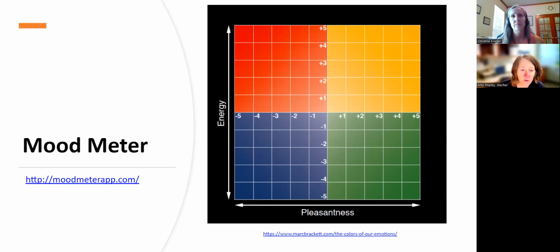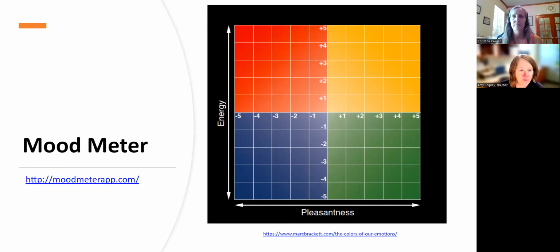Now take a look at the mood meter on page 6, developed by James Russell, a professor at Boston College, and shared in Permission to Feel. The mood meter is also an app at moodmeterapp.com. The mood meter helps people define emotions on 2 dimensions: energy, or how much physical energy is running through our bodies, and pleasantness, or our subjective private mental experience.